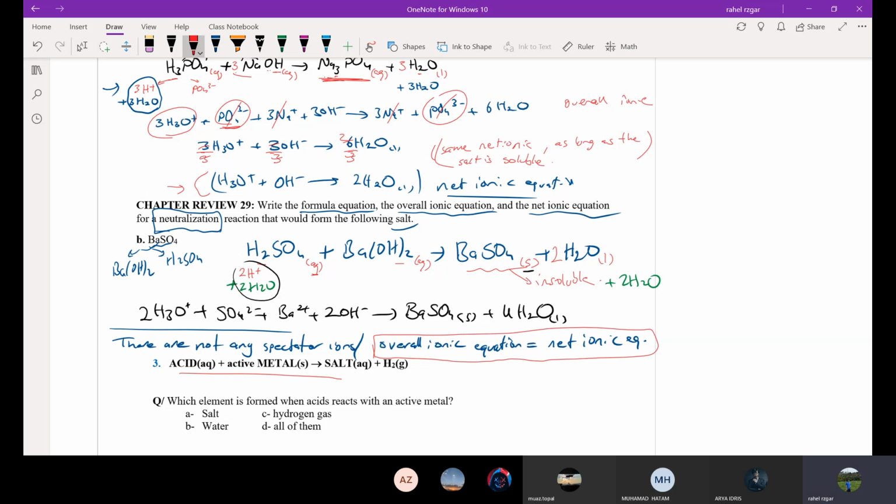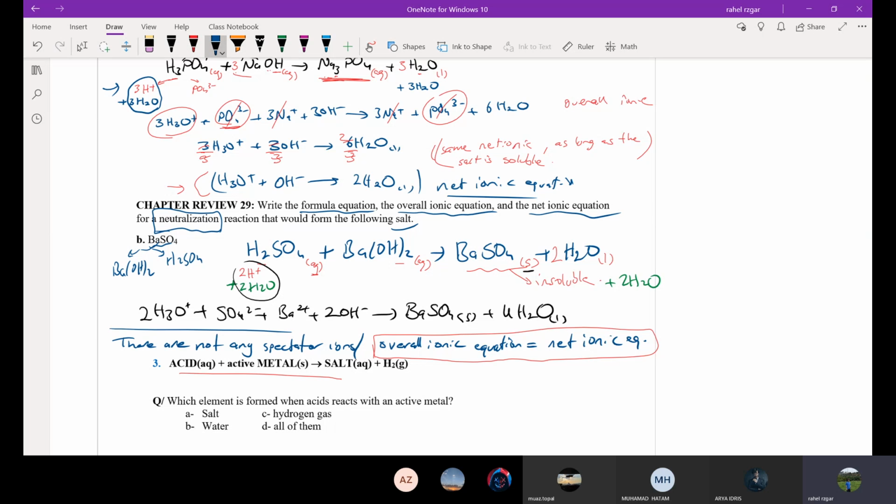In situations where the overall ionic equation and net ionic equation are equal, where you cannot cancel anything, where everything is inside the equation, everything has undergone a reaction, then they are the same, because we have written the whole thing in ions and everything has also reacted, so it's the net ionic equation.